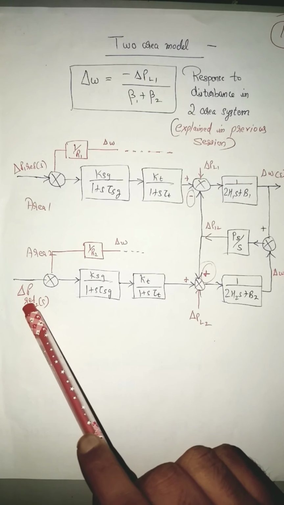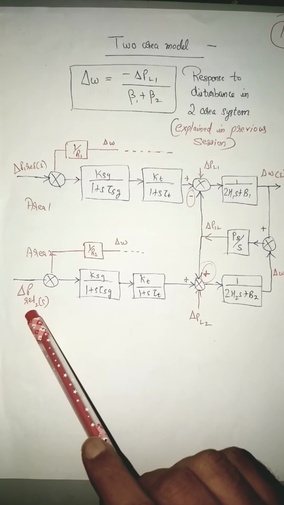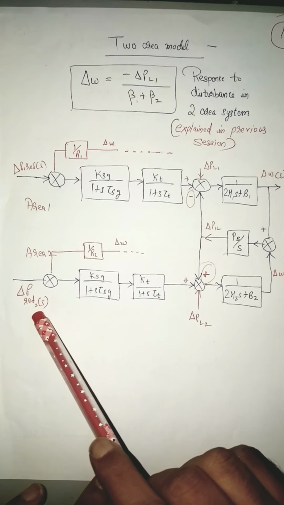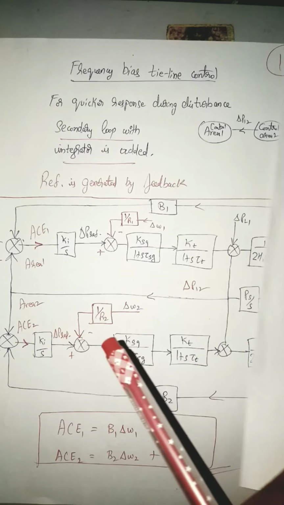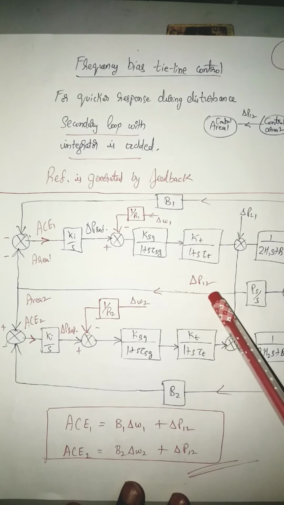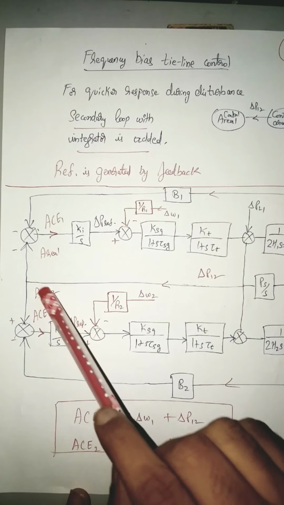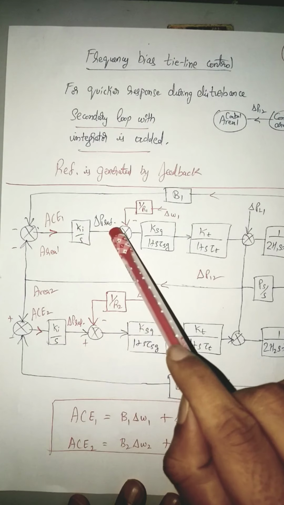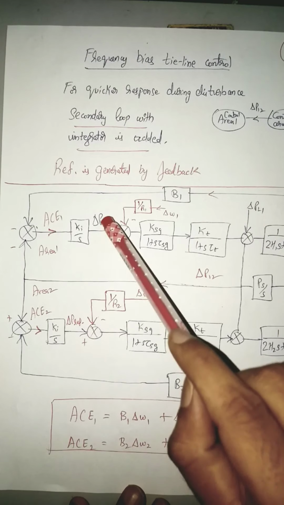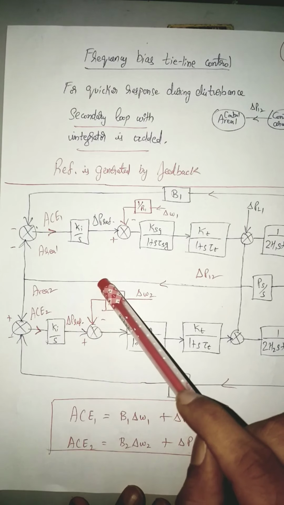But now we have generated this automatically through an integrator. Now I'll come back to the actual diagram. So now you can see the difference. Here delta P12 is fed back here. B1 delta omega 1 plus delta P12 is generating error, and reference power is being generated. That's the difference between previous case and this case.